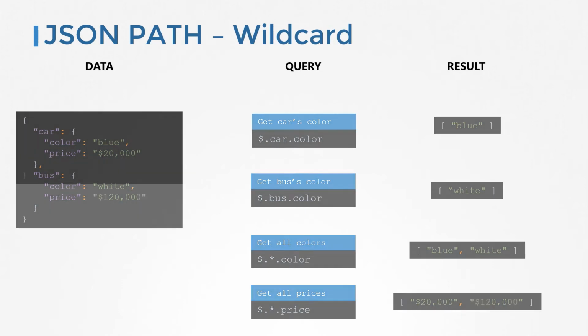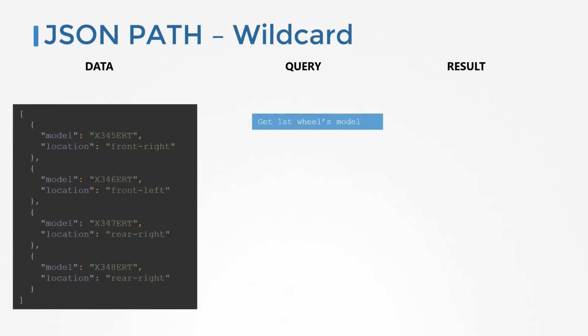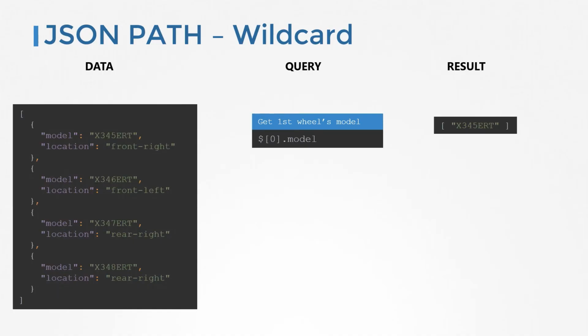Let us look at it in a list. In this case, we have a list of wheels. Each wheel is a dictionary that has a model and location. So this is a list of dictionaries. We know that to get the model of the first wheel, we would use the query $[0].model.